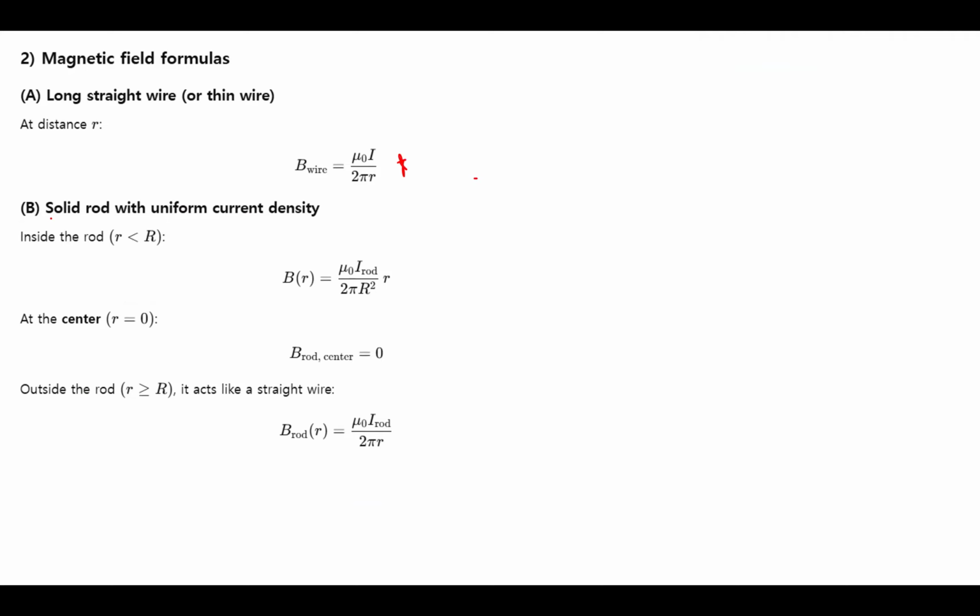And for the solid rod with a uniform current density, it depends on whether our position of interest lies inside or outside. In this case, inside the rod it is going to be this one. Note that it is proportional to R. And outside, it acts like this one. It is due to Ampere's law.